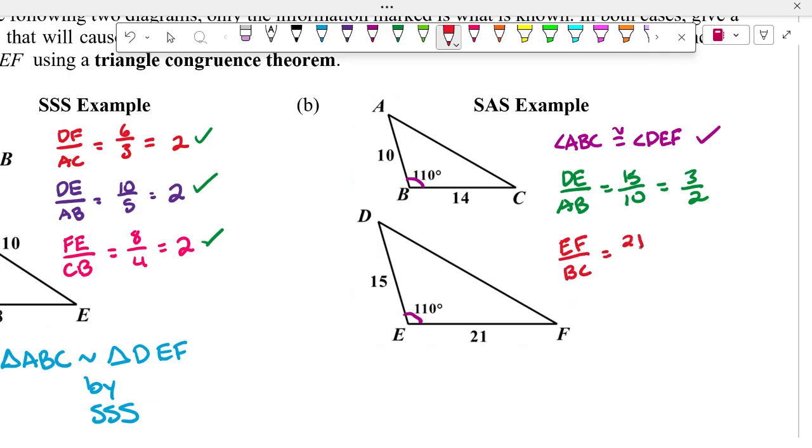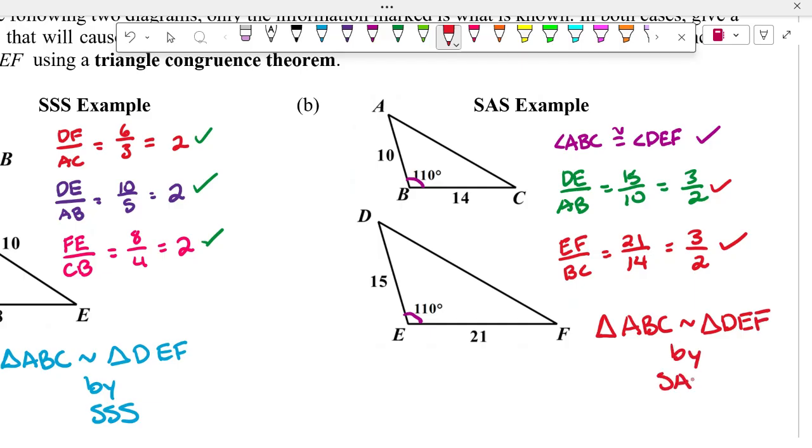So that's 21 over 14. Does that also give me 3/2? Yep. So my two sides are proportional and the included angle is congruent. Thus, we can state that triangle ABC is similar to triangle DEF by side angle side.